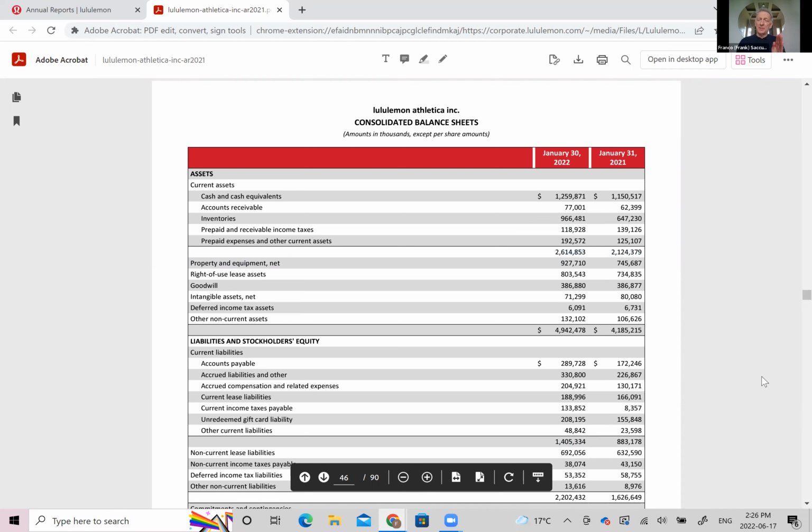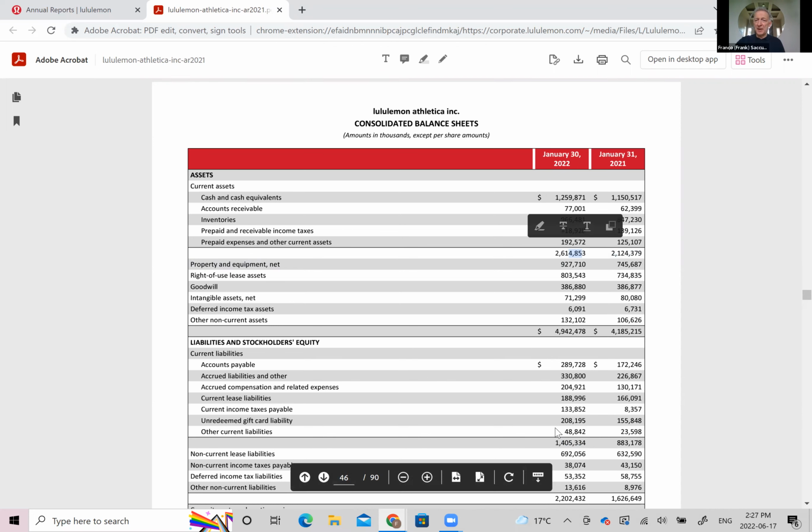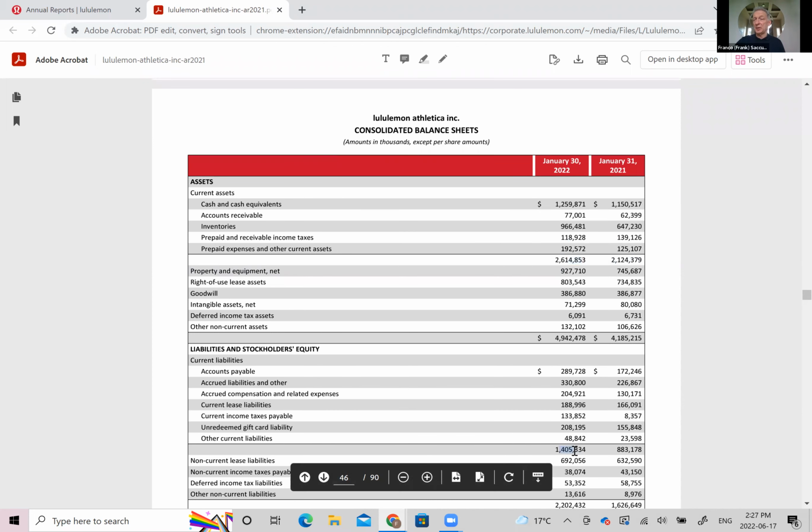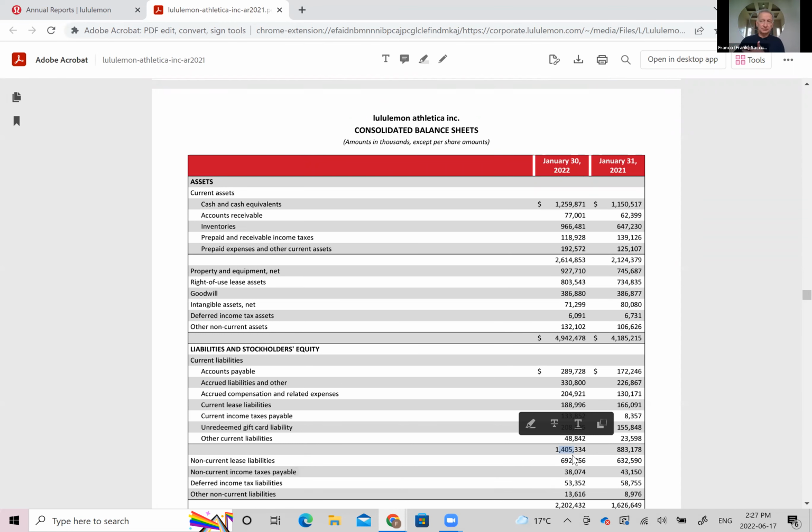If we took Lululemon's current assets as of January the 30th, 2022, it would be $2.6 billion, where I'm hovering my mouse right in here. Those $2.6 billion at that point in time, divided by $1.4 billion of current liabilities at that point in time, we would get on our calculators 1.85 and change.